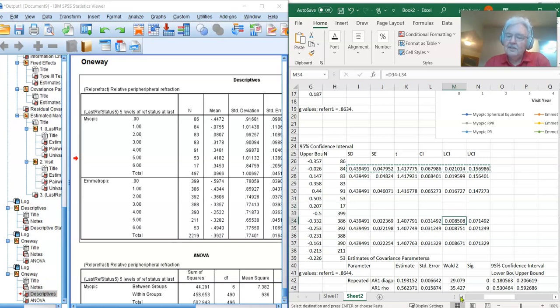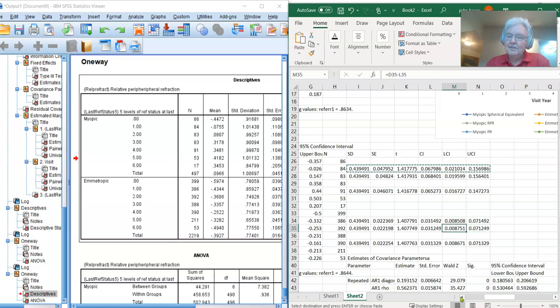So this is the smaller number, and we want to know, these are myopes and these are emmetropes. This is 0.008 to 0.07, and this is 0.02. So those guys enter, the lower confidence is less than the upper confidence interval for emmetropes, so those are not significant.